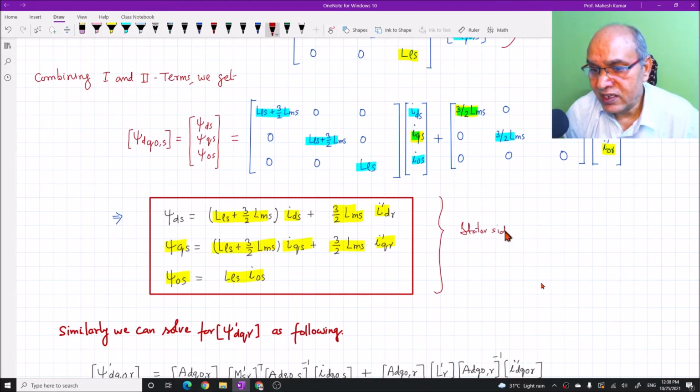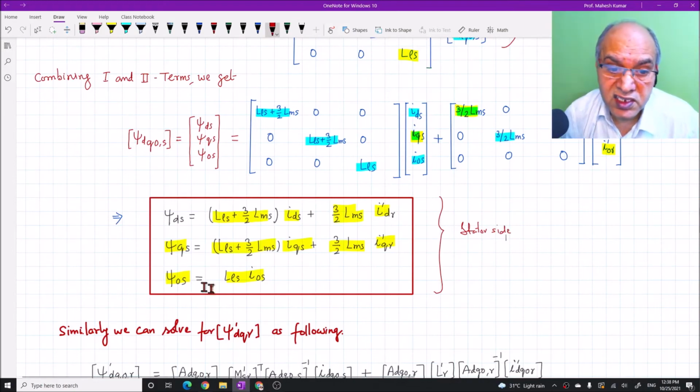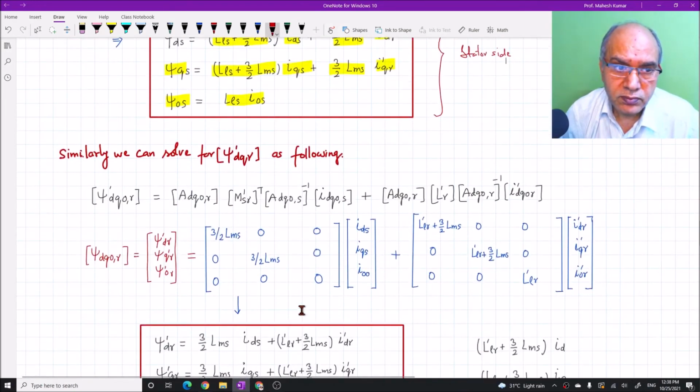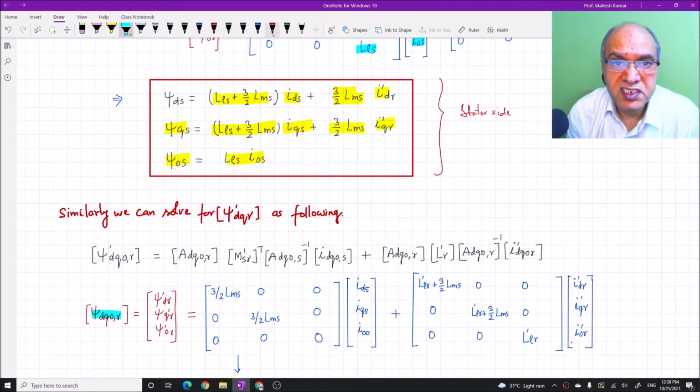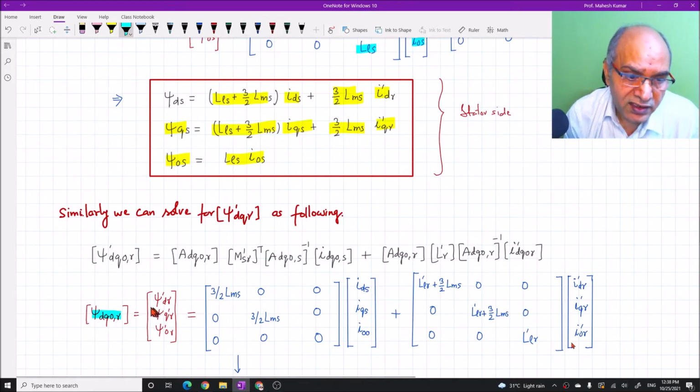Similarly, we can write the expressions for the flux linkages on the rotor side. So rotor side flux linkages will be psi dqr dash, because this is referred to the stator, so add the dash here. Psi dqr dash equals psi dr dash, psi qr dash and psi 0r dash. These are the elements of this matrix.